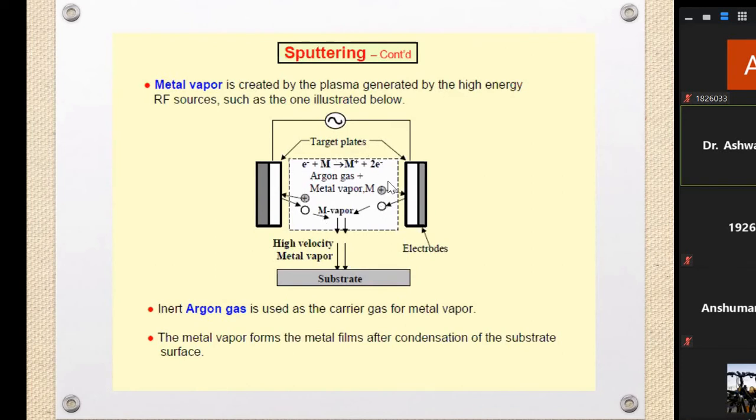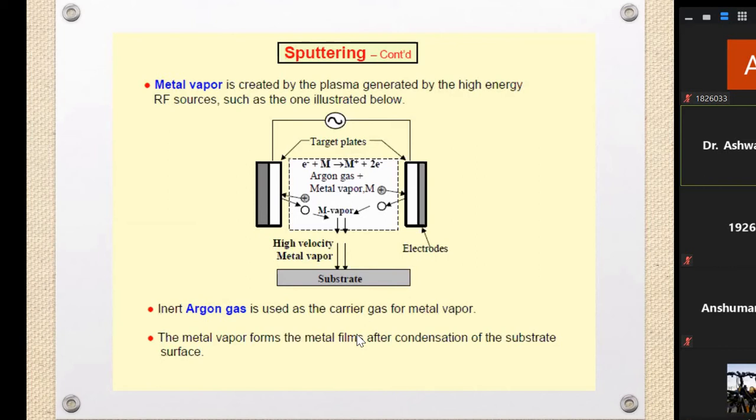the metal vapors or ions hit the target plates. The positive ions of the metals, in that inert gas or carrier gas, bombard the surface of the target at high velocity.